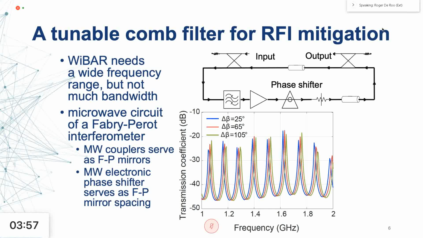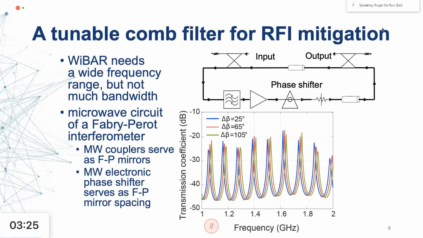At these low frequencies, about a gigahertz, you have a lot of RFI. And so what we need is a wide frequency range on the order of a gigahertz bandwidth, but not that much noise bandwidth. We can actually get away with a lot less noise bandwidth. So one way to deal with that complexity is that we built a microwave circuit equivalent of a Fabry-Perot interferometer.